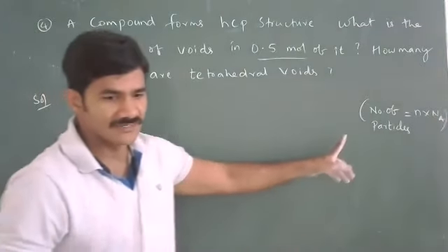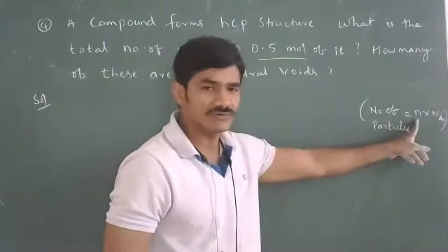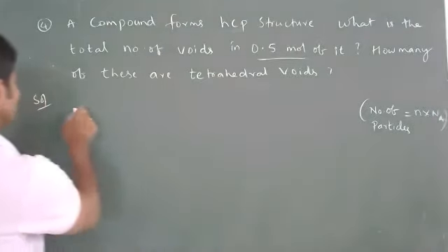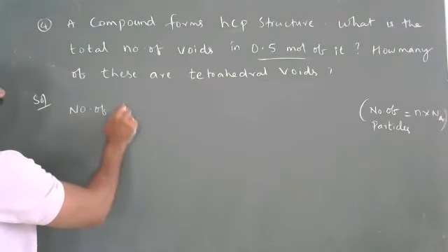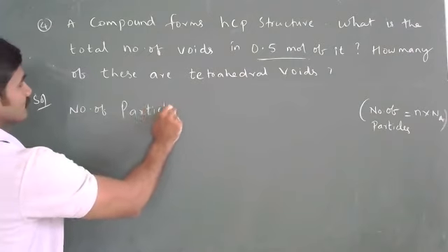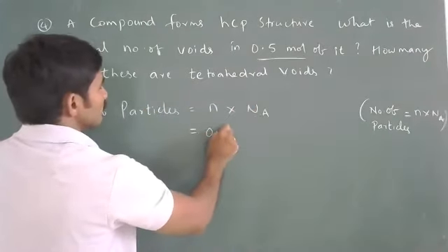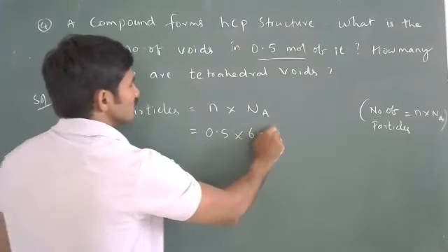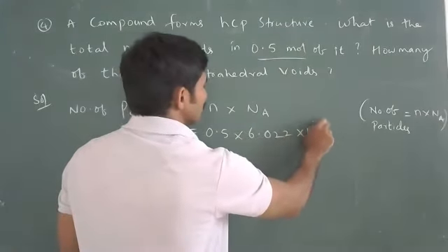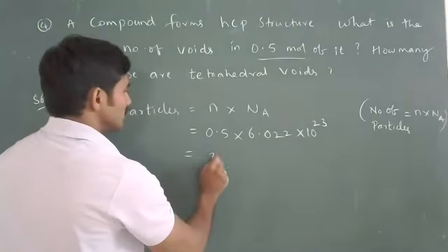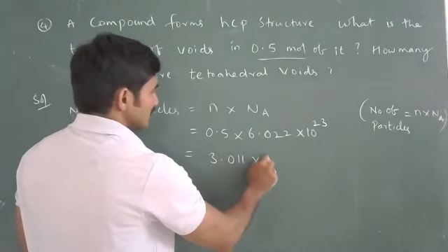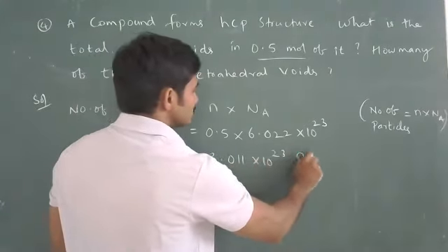This is the formula. So here, number of moles 0.5, Avogadro number 6.022 into 10 power 23, is equal to 3.011 into 10 power 23 particles.